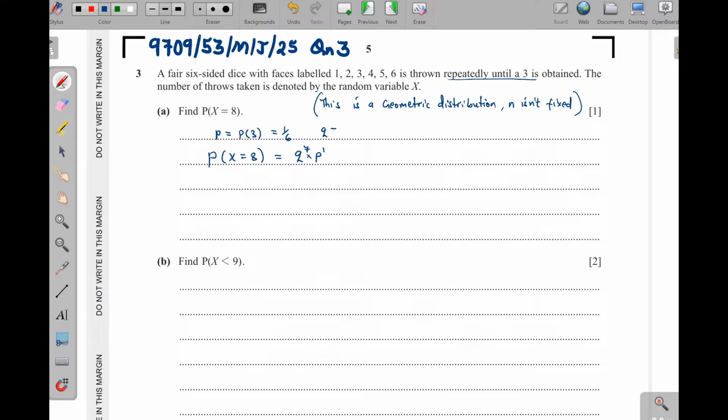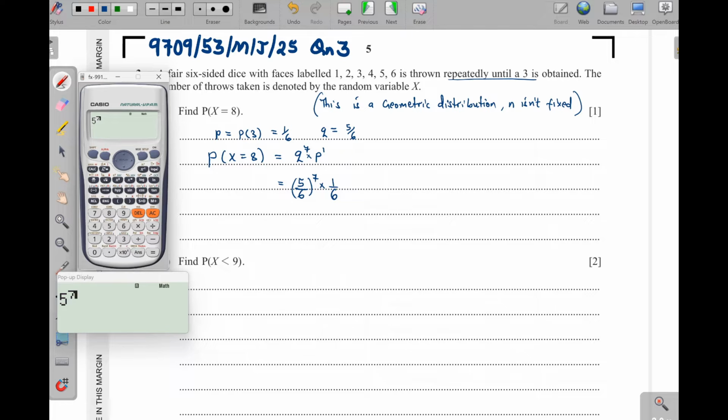Meaning our Q, 1 minus the P, or 1 minus 1 over 6, will be 5 over 6. So we shall have 5 over 6 to the power of 7, then times 1 over 6. So what becomes our answer? 5 power 7, then we divide by 6 power 8, because the other one is 6 power 7, then times 6 power 1, not so?